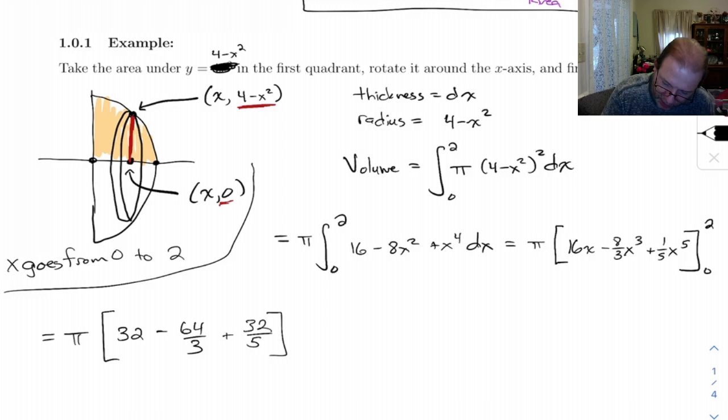And of course, we don't have to plug the 0 in because it would make all those terms 0. All right, we're big kids. We could do fractions if we wanted to, but I'm just going to stick it in my calculator. 32 minus 64 over 3 plus 32 over 5. When I do that, I get 256 over 15. So the exact answer is 256 pi over 15.